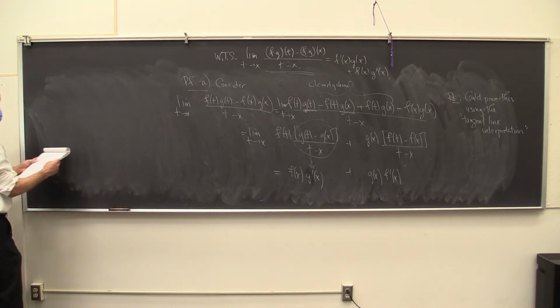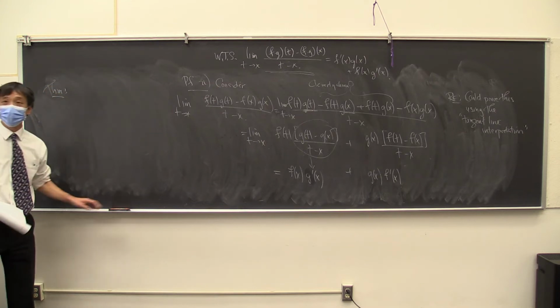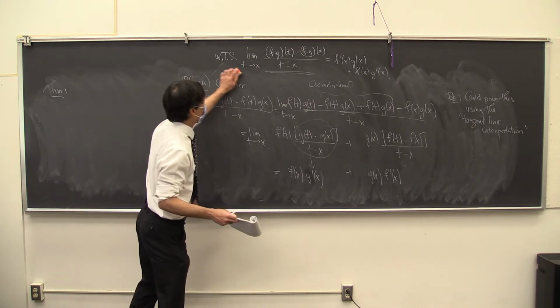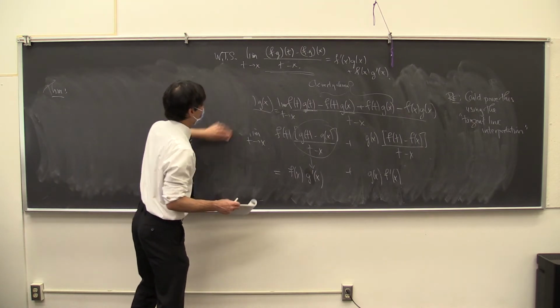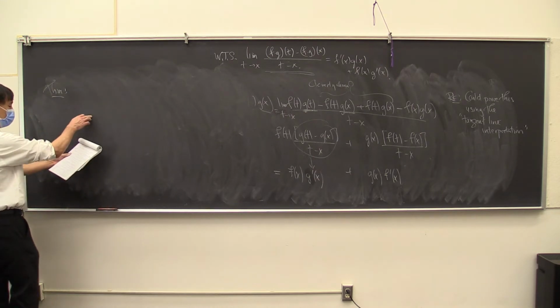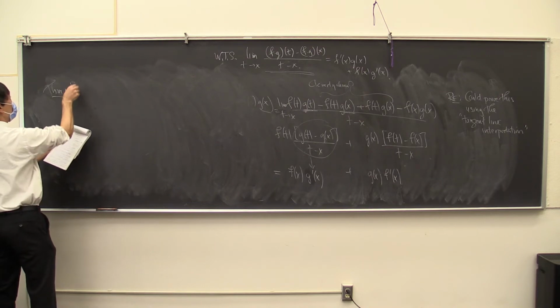The next theorem we're going to do, the chain rule, we will prove using the tangent line approximation. So that'll maybe serve as a model for you. Okay, so the chain rule.